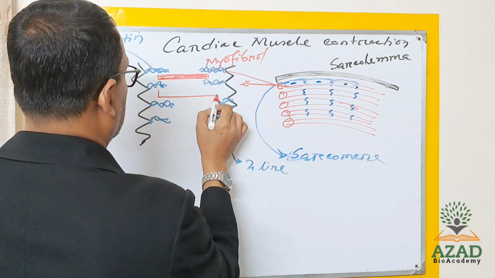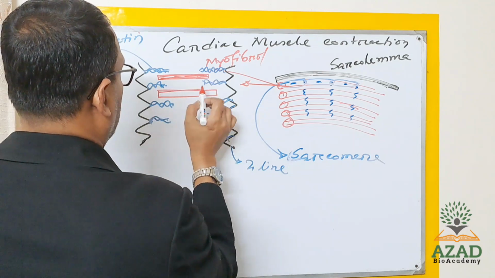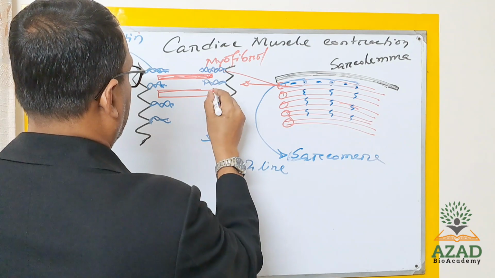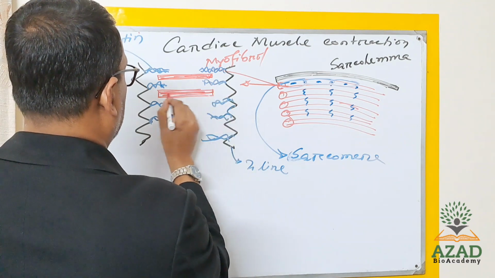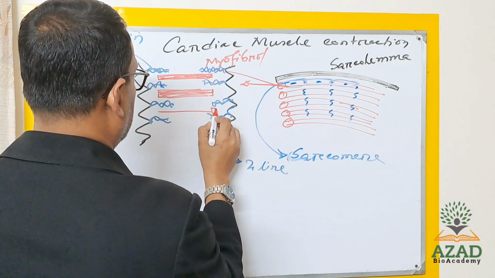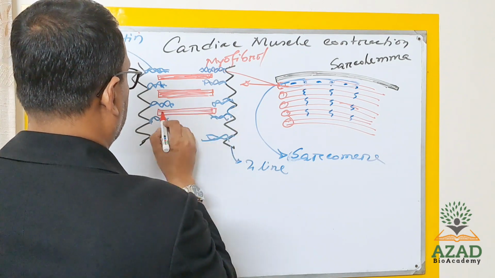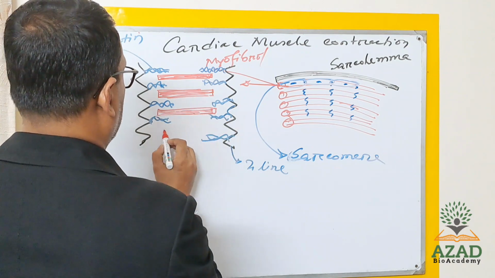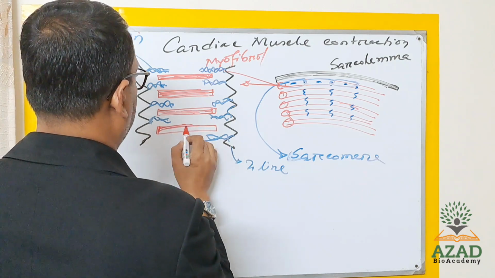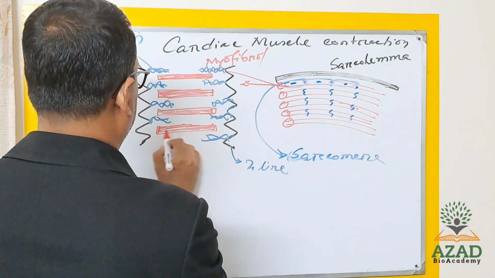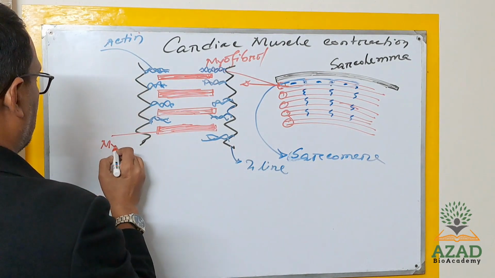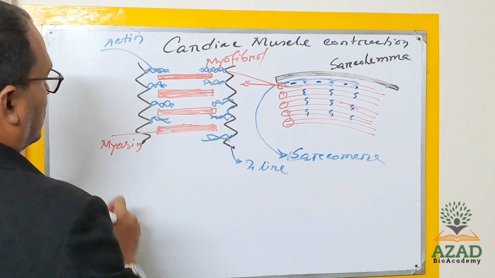This is thick filament. You can see this is thick filament. And the thick filament is called myosin.